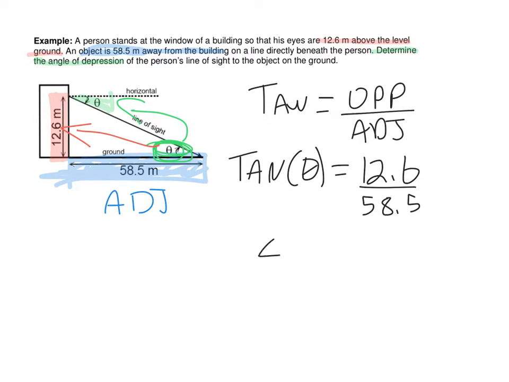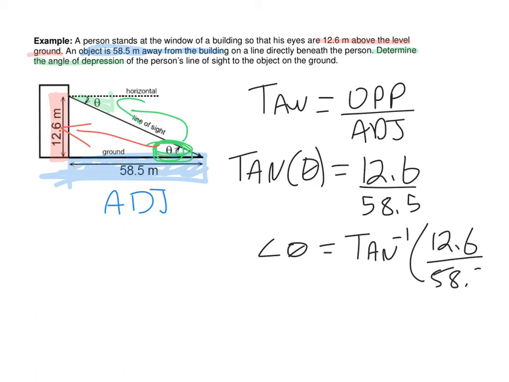So this means angle theta is found by taking the inverse tan of 12.6 over 58.5. We'll put that into our calculator and find that angle theta is about 12 degrees.